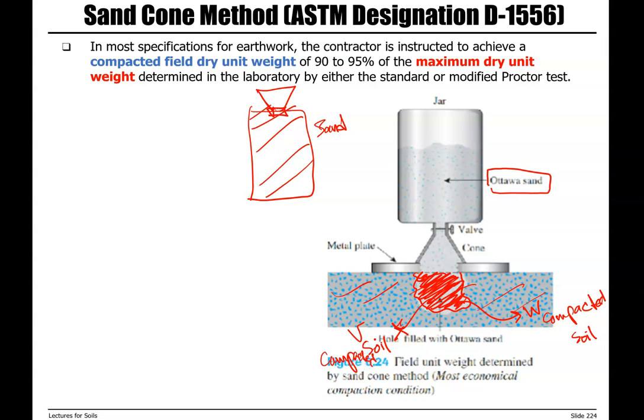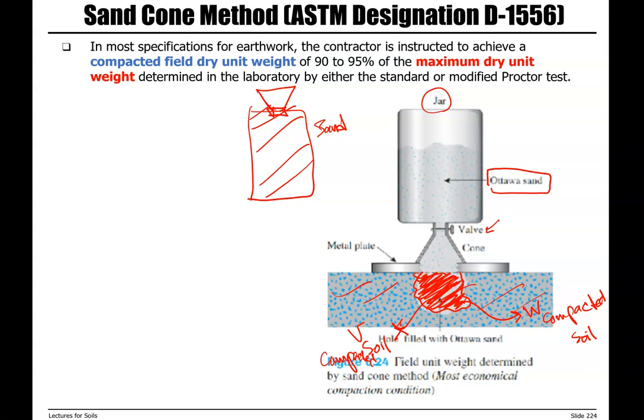So what we do is that we have a jar that is filled with Ottawa sand. We make this hole, place our jar on top of this hole, and open this valve. We don't touch it. Let the sand move into this hole.